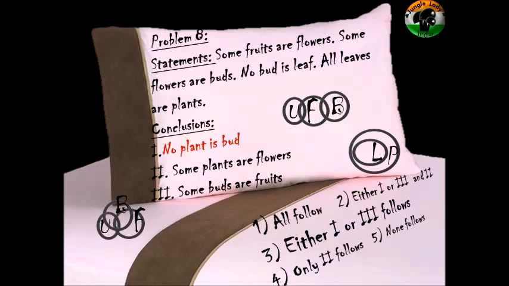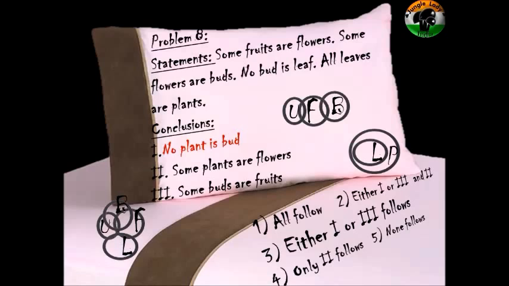Next one is they clearly say no bud is leaf. So make sure you should not use your intelligence to join bud and leaf together, okay? Because in the statement itself they have told no bud is leaf. So keep the bud and leaf separate even in the intelligent diagram, okay? So I'm going to draw leaf as separate thing from bud.